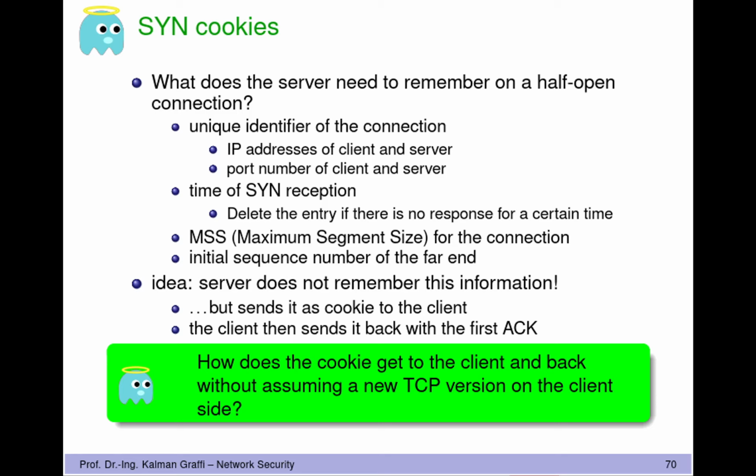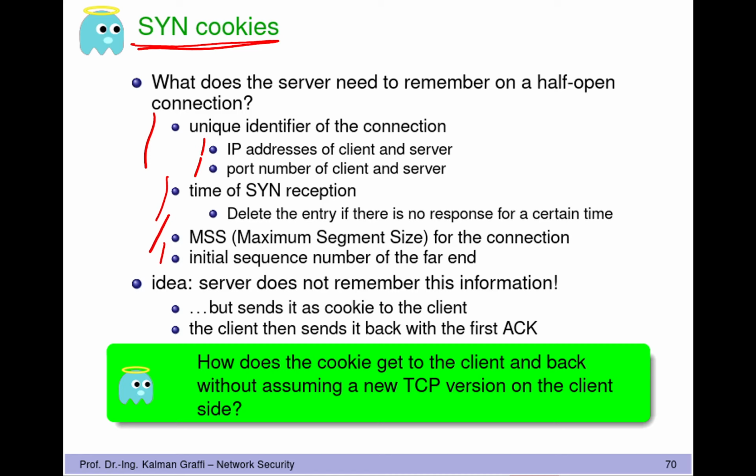So here comes into play the SYN cookies. Now that's a countermeasure. So we have the unique identifier of the connection with the IP address of client and server, port number, the time of the SYN reception, so that we know when we have a timeout, maximum segment size, initial sequence number of the far end, so that means the sender, the client.